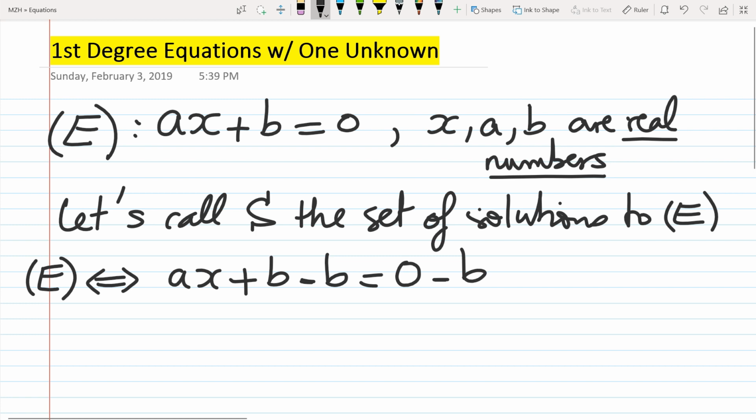So what this allows me to do is actually get rid of b from the left hand side, as b minus b is equal to 0, and 0 minus b is equal to minus b. So my equation now is equivalent to ax is equal to minus b.